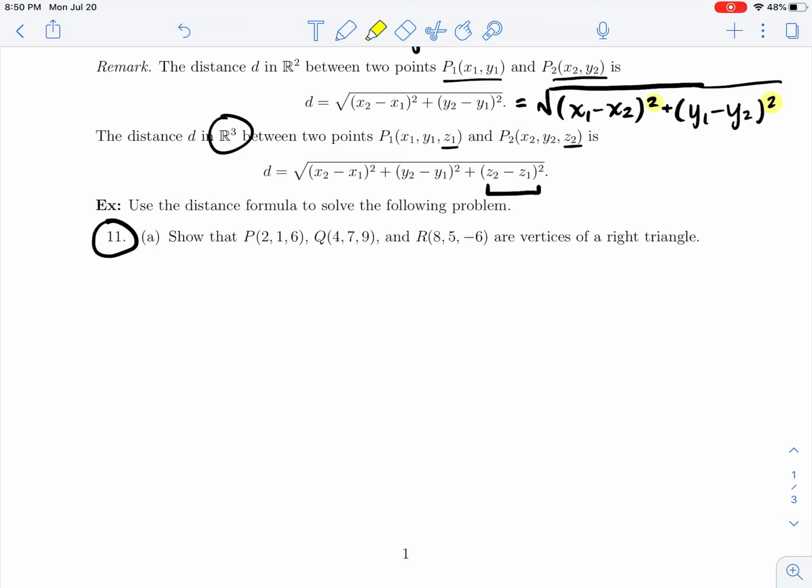So instead, remember, they had asked us to use the distance formula. So what is a piece of information that we know regarding distances or lengths of a right triangle? We can use the Pythagorean theorem. So I'll just note that here, use Pythagorean theorem.